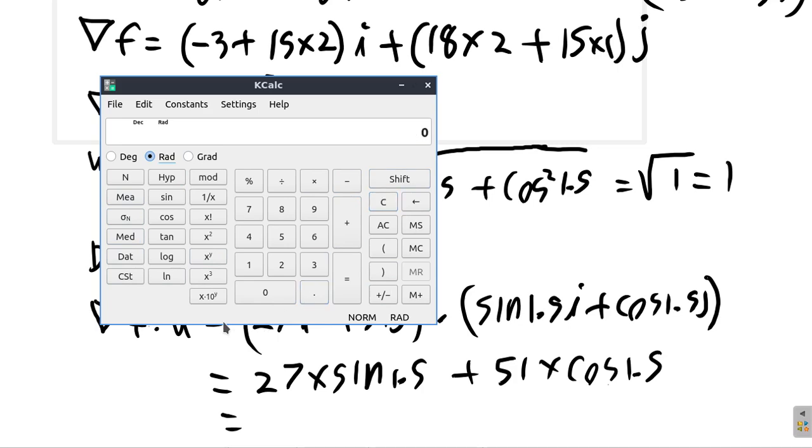Now, 1.5. Oh, that's 15 there. Sine of 1.5 is 0.997 and so on. And that's multiplied by 27, equals 26.932.